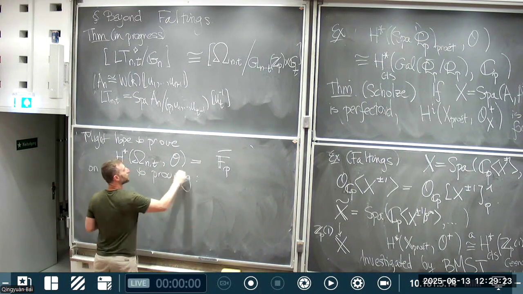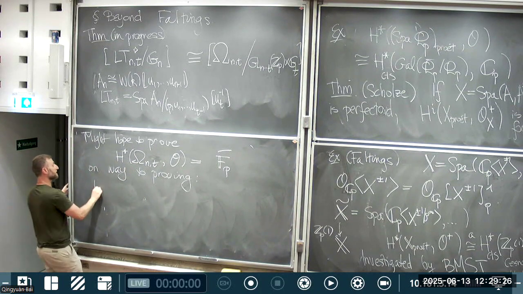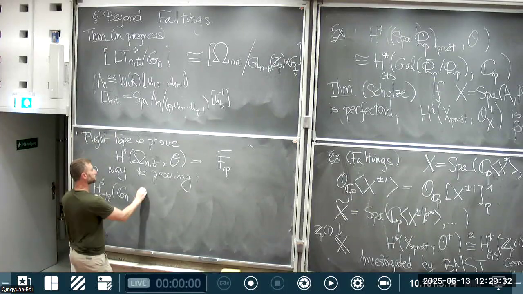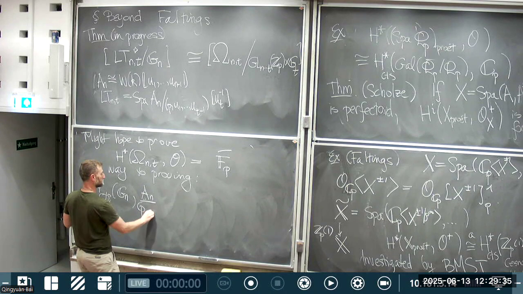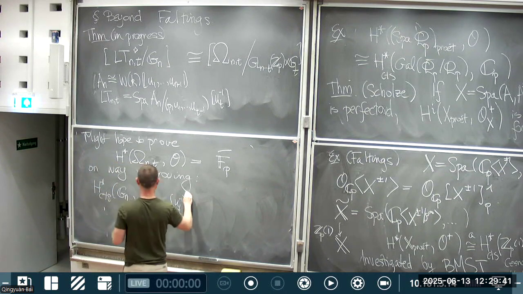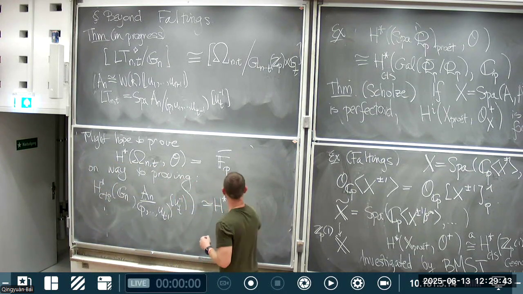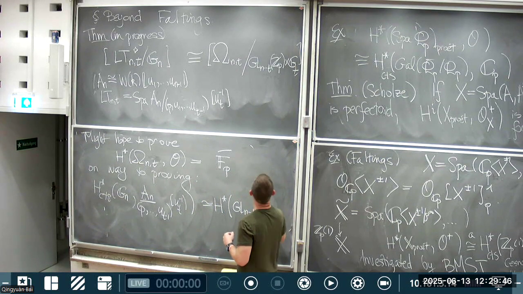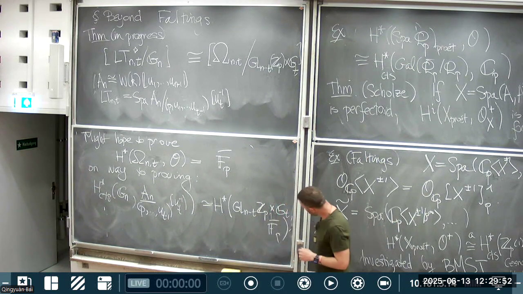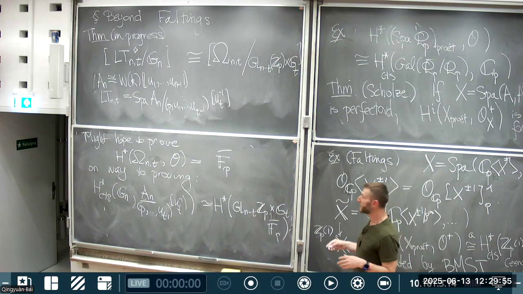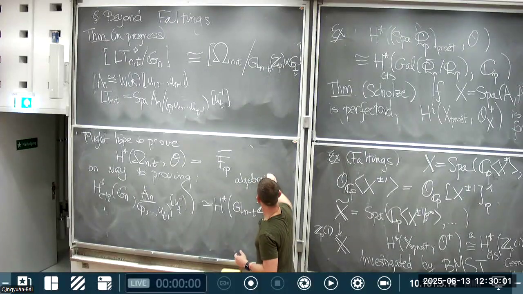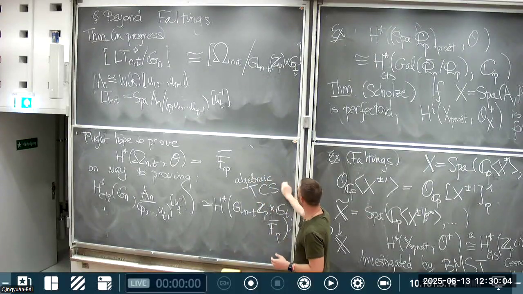On the way to proving a conjectural result about the cohomology of G_n acting on that ring and modulo. So, this or some closely related version of this was what I call the algebraic transchromatic splitting conjecture.